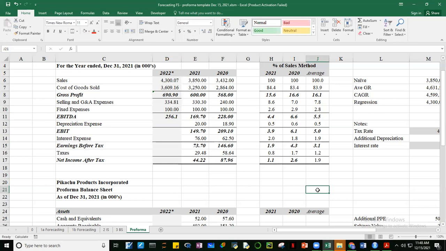Okay, pause ulit ako again, guys. Kindly chat, please, kung umabot na kayo sa EBITDA. More response, please.